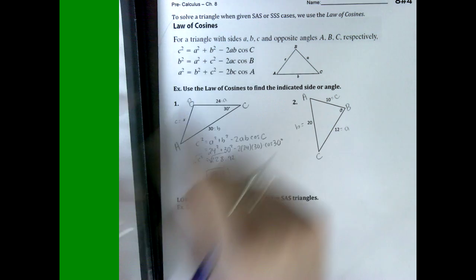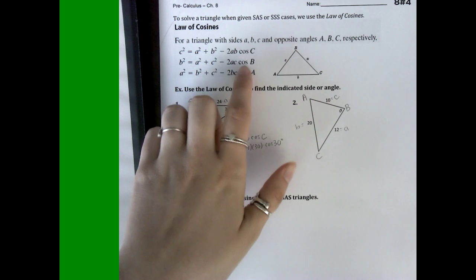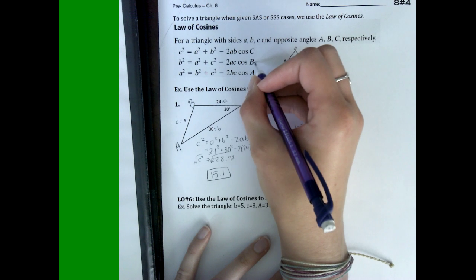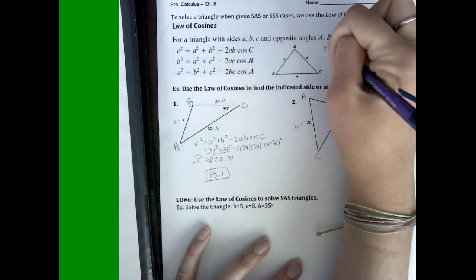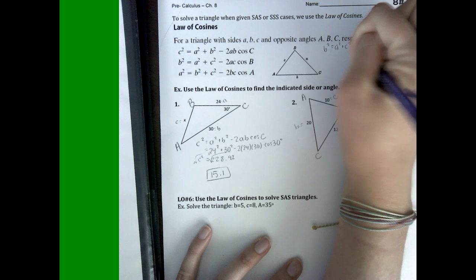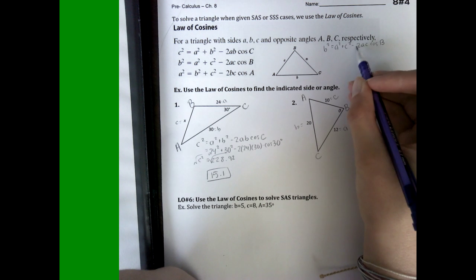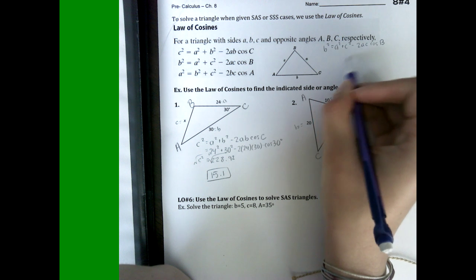Now, students tend to make a major calculator error on these problems, so I'm going to recommend that you solve for this before you plug in, and that's going to save you a lot of time in the future. I'm going to do it for just one of these, not for all of them. So we'll do it with B. I'm going to add this to both sides, and I'm going to subtract the b squared.